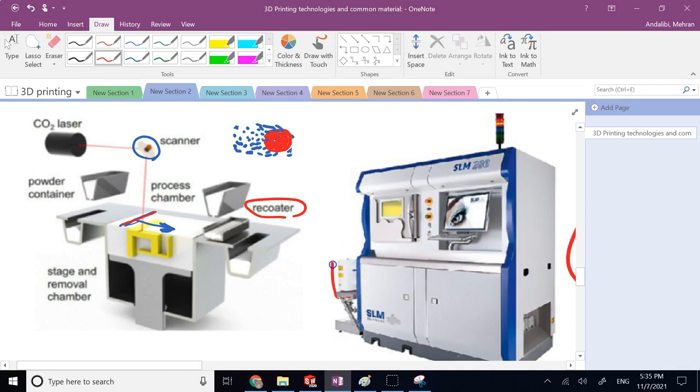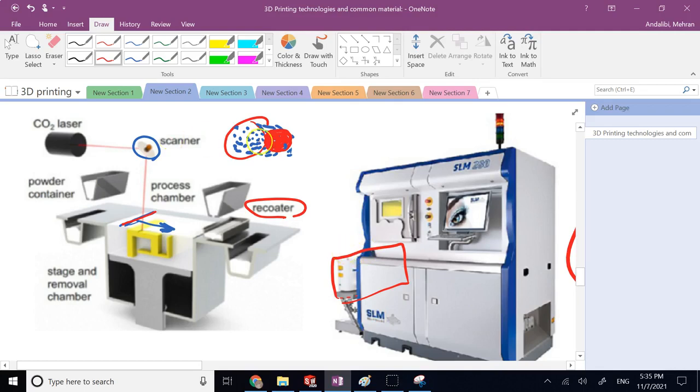And you need specific processing of the powder, like the rest of the powder that is not used: how you can recover that and filter it back into the container, and how much of it you can recover. Most of the time, the rest of the powder that is not sintered or melted, you put back in the container, but not directly. You have to filter it and clean it.